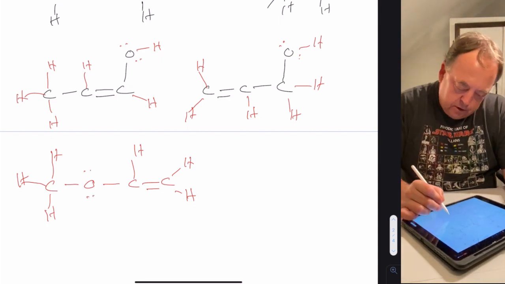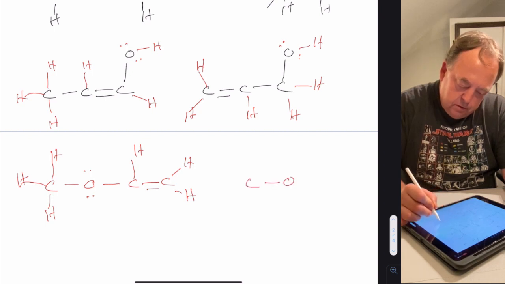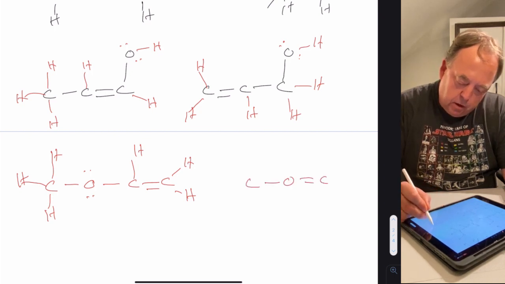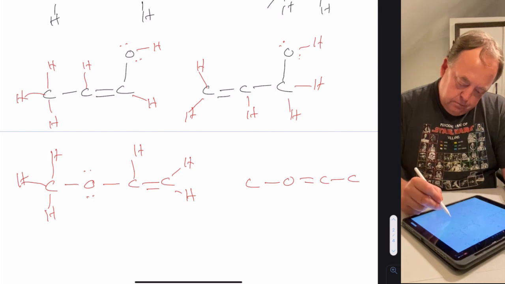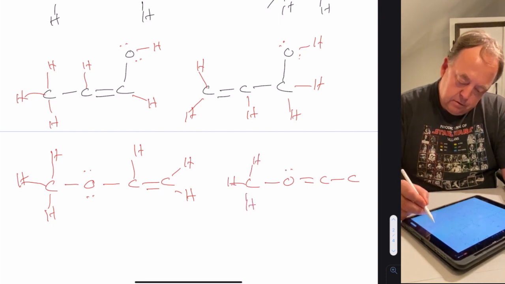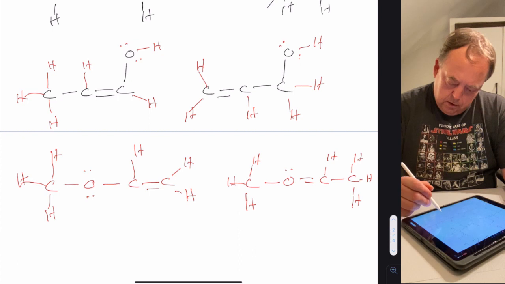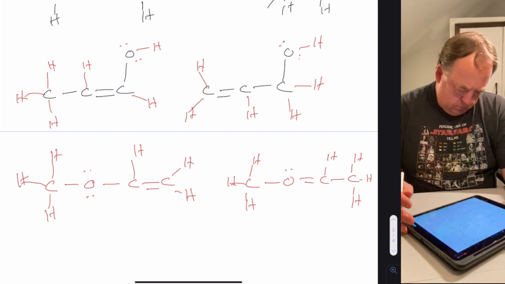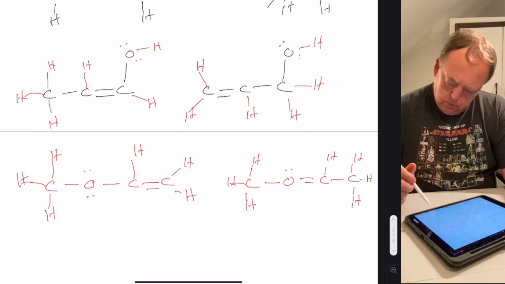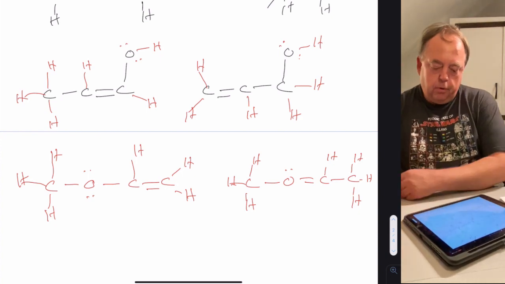Okay, so what about this possibility? What about the double bond between oxygen and carbon? And then if we fill in hydrogens, 1, 2, 3. So then that creates a problem, right?